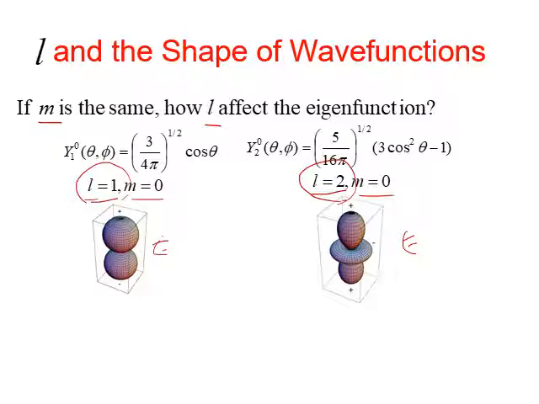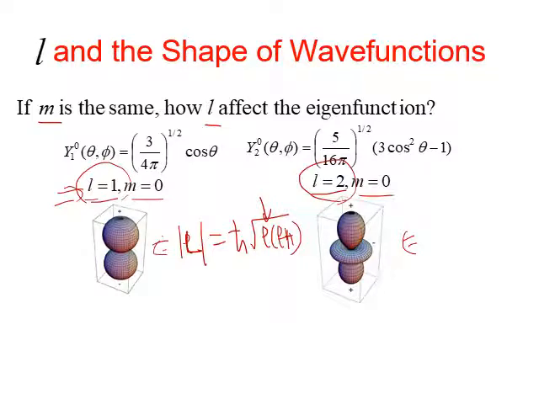Now the angular momentum quantum number, as we saw before, determines the magnitude of the angular momentum. It's h bar times the square root of L times L plus 1. That's why it's called the angular momentum quantum number, because it determines the magnitude of angular momentum.